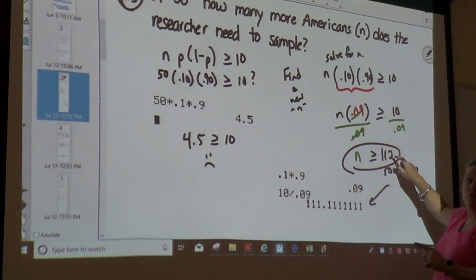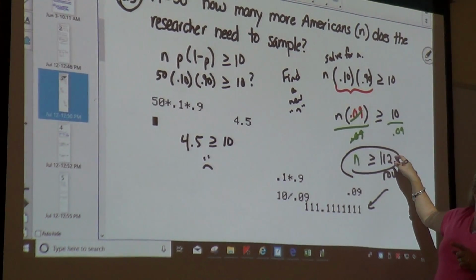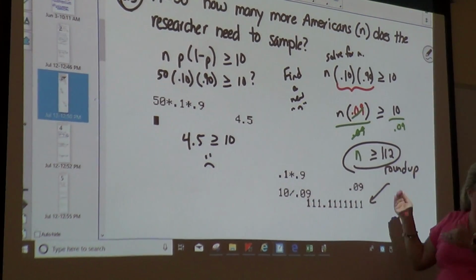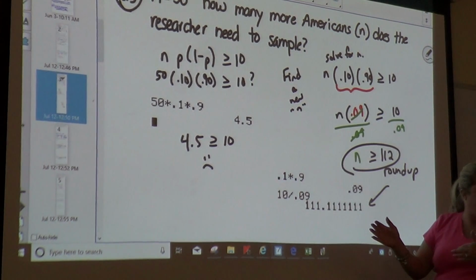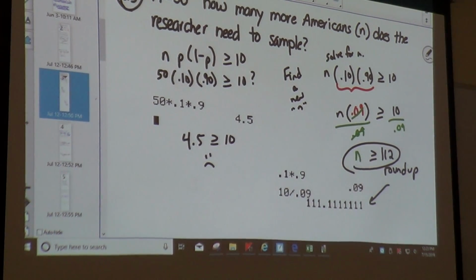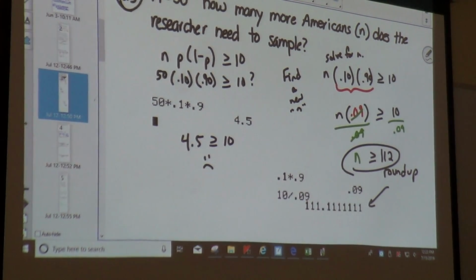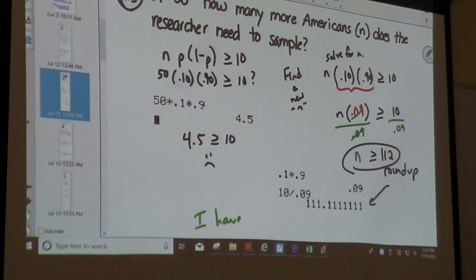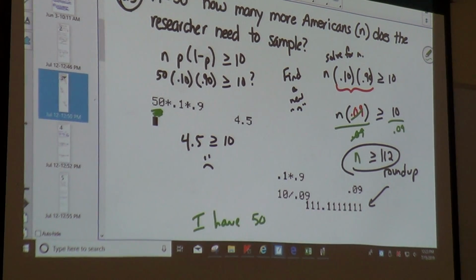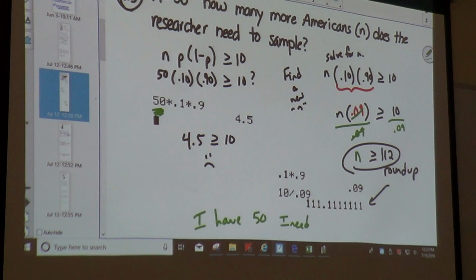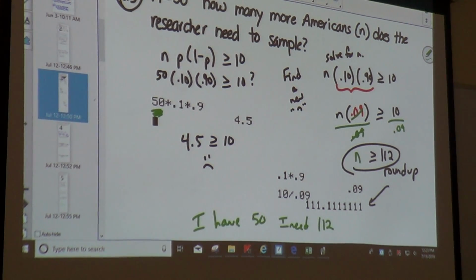Now, 112 is not your answer. It says how much more do I need from what I currently have. So, I have 50. I need 112.